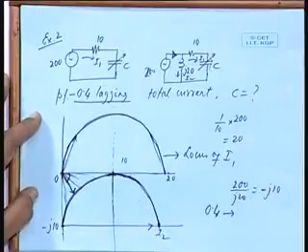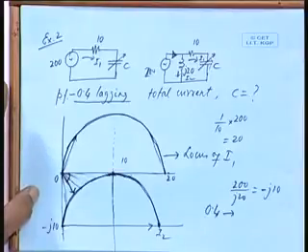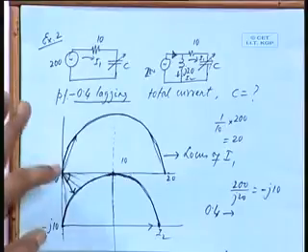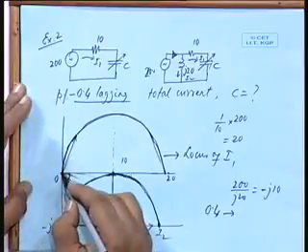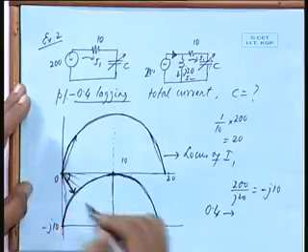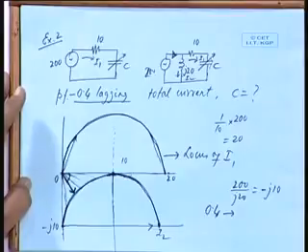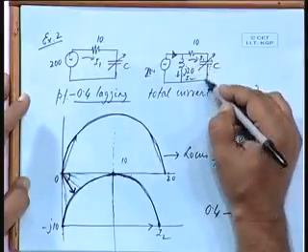Is there any other possibility for lagging power factor? Let me complete this first. So, this is the total current. What is the corresponding current I1?